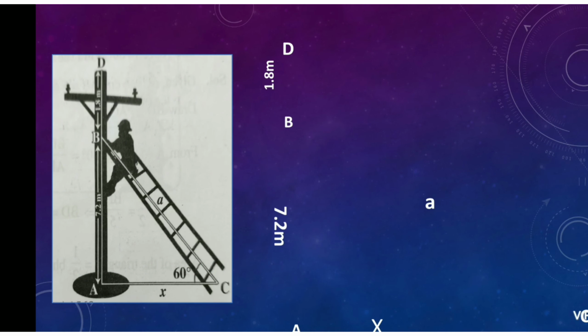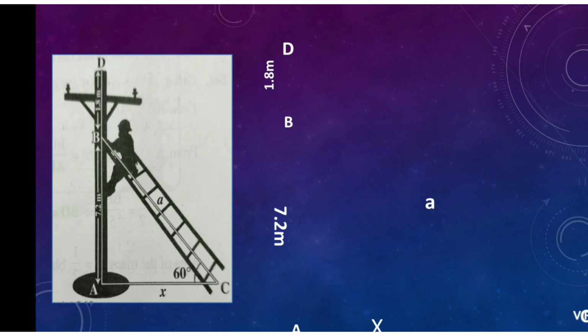Now here I am taking one virtual diagram. The electrician climbs a ladder which makes an angle of 60 degrees with the horizontal line, or with the base, which is the line joining the foot of the electric pole and the foot of the ladder.